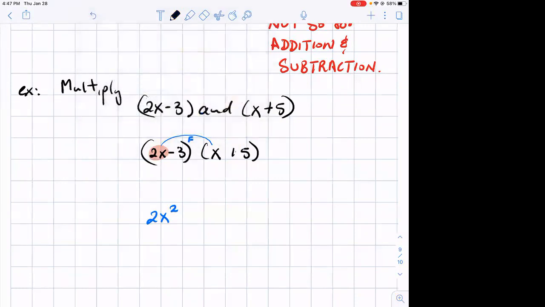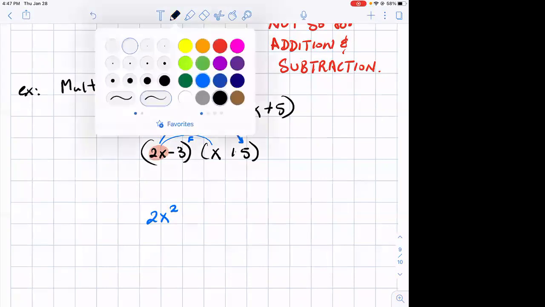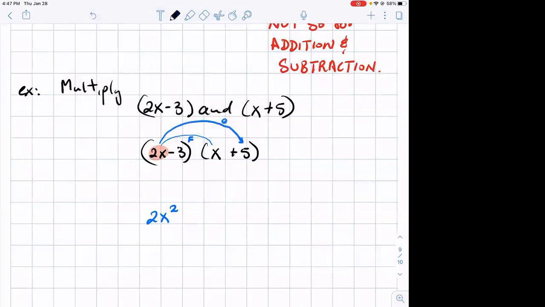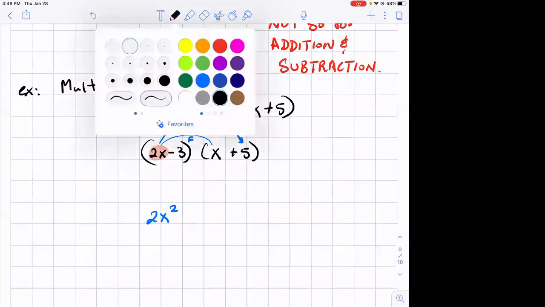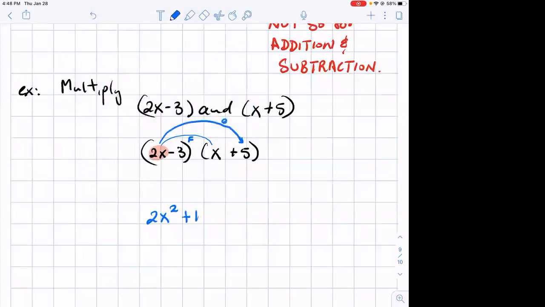When I do this again, I do this and this now, and that's where the word O comes in, meaning the outer terms. So 2x times a positive 5 becomes a positive 10x.